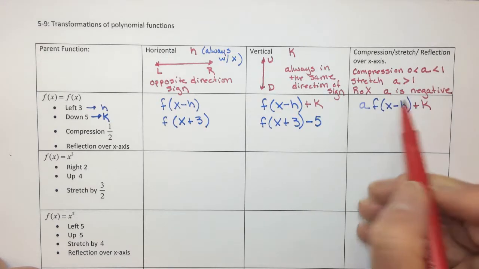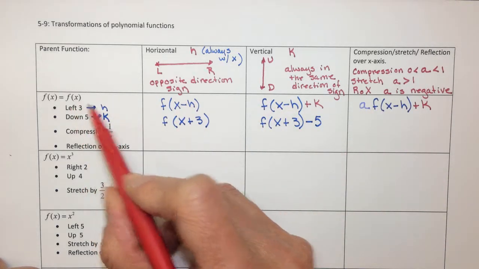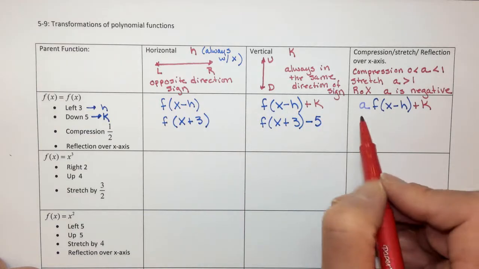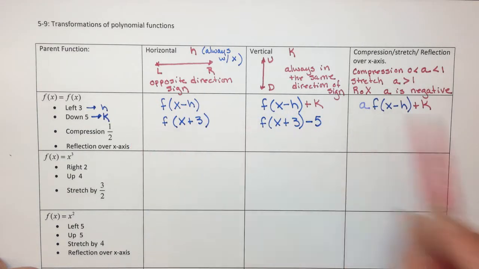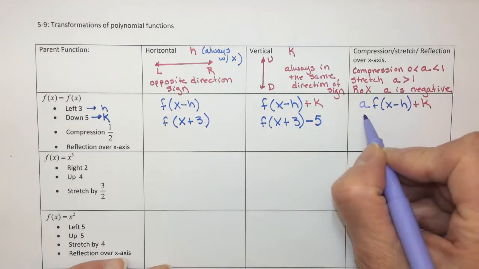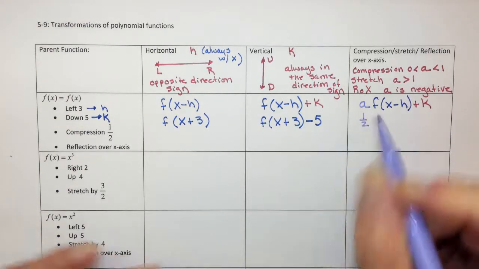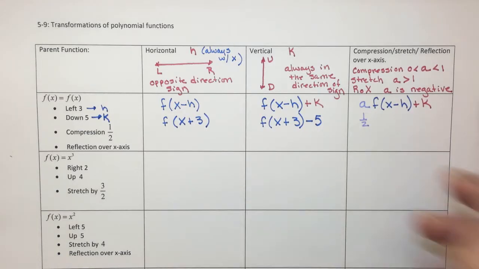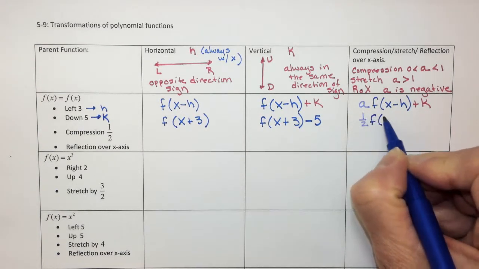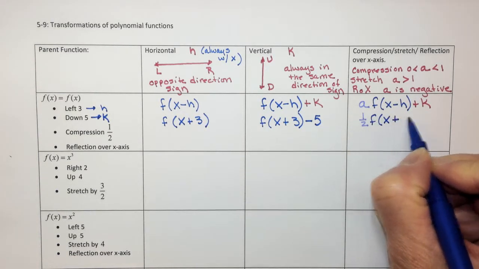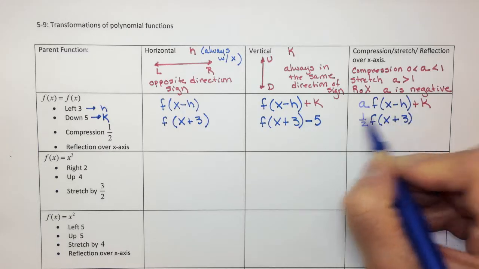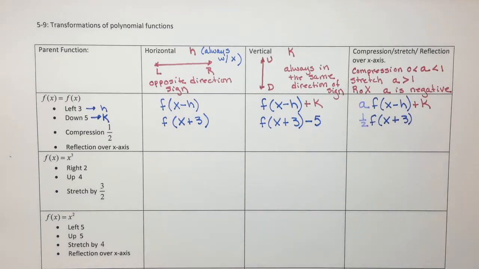You can see we're doing more and more to our parent function as we go along here. If I want to show a compression by 1/2, that would mean that I would have to do 1/2, where that a is, times whatever my function is. So this is going to be +3, and then I'm going to have -5. I might as well write that in red.